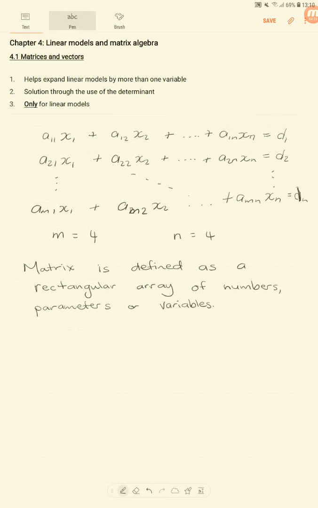With a system of equations, like we have above, we have 3 parts.